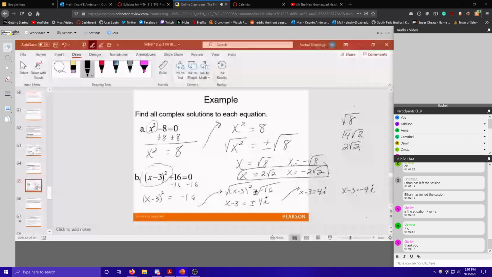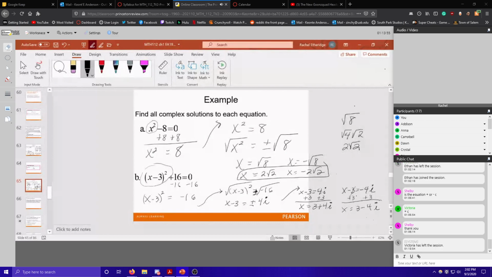And then add 3 to both sides of your equation. x equals 3 plus 4i or 4i plus 3, I don't care. And add 3 to both sides here. x equals 3 minus 4i or negative 4i plus 3. I don't care about that either.